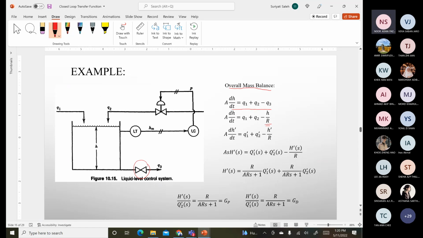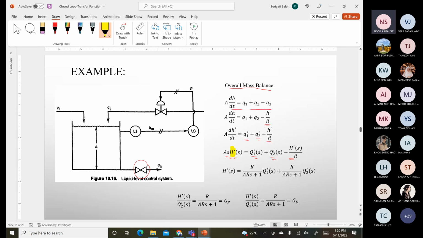Based on this, in deviation form you have A dH'/dt equal to Q1' plus Q2' minus H' over R. Then I did the Laplace transform, and I obtained A S H' equal to Q1' plus Q2' minus H' over R.